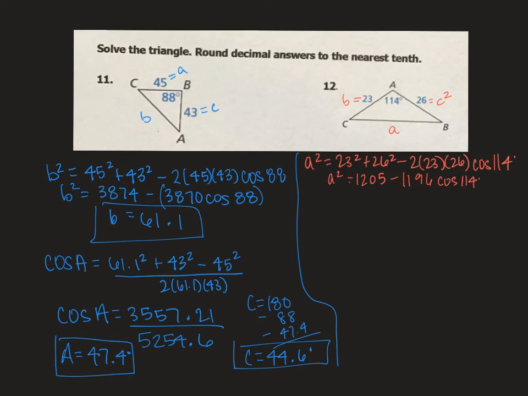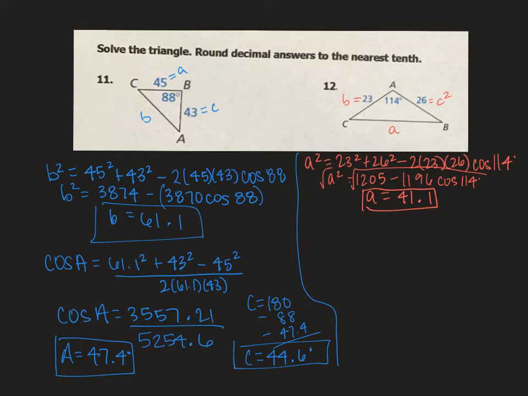Make sure you close all your parentheses. You should get about 1691.457, and so on. But remember, that's a squared. So we have to take the square root of that whole thing. To the nearest tenth, we end up getting about 41.1 for side a.